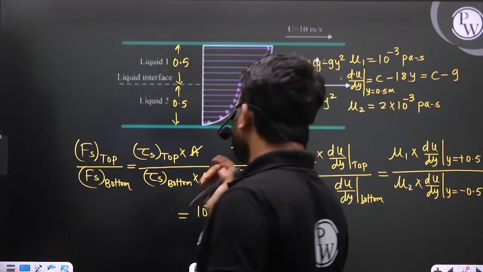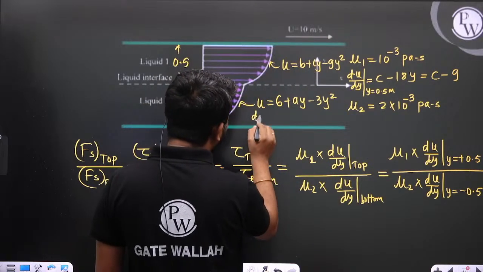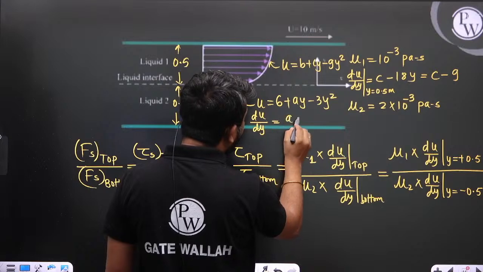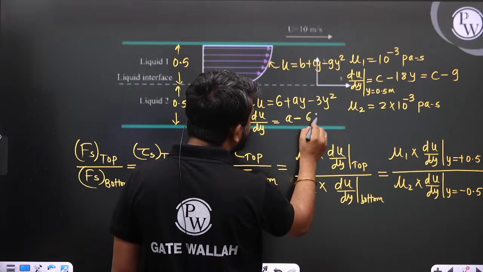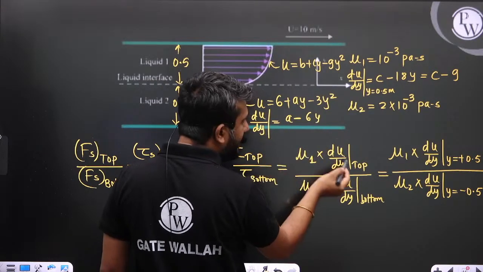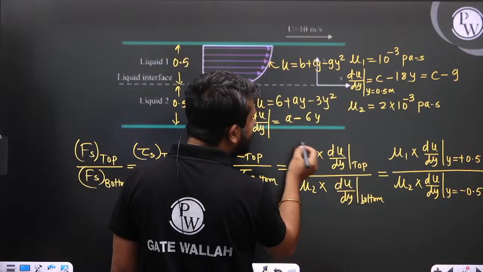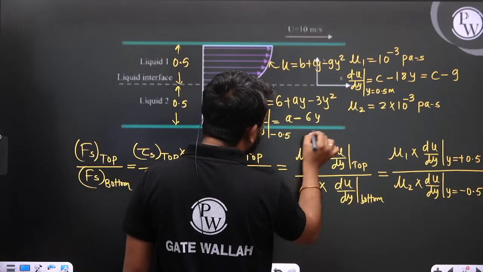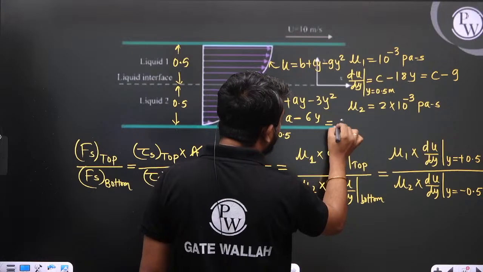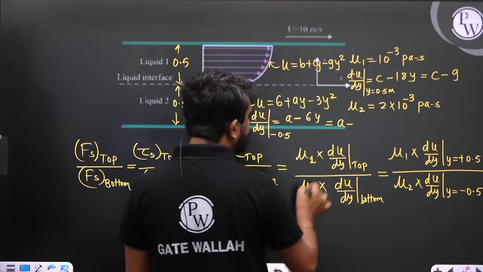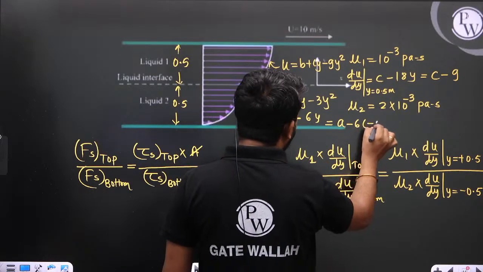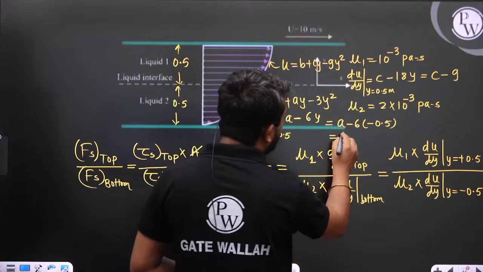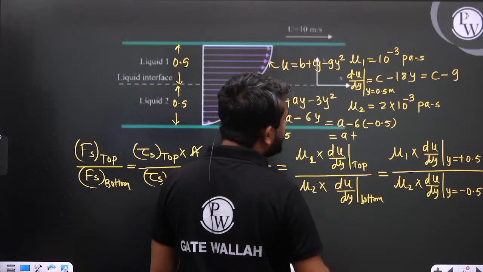Is it fine? Now calculate du by dy for this velocity profile. So du by dy is equal to a minus 6y. Now calculate du by dy at y is equal to minus 0.5. So this is a minus 6 multiplied by 0.5, so this equals a plus 3.